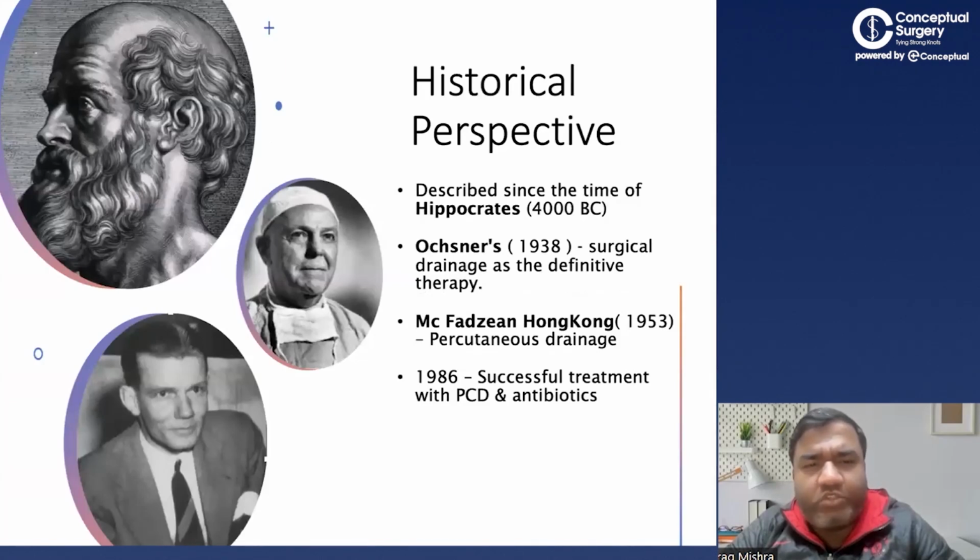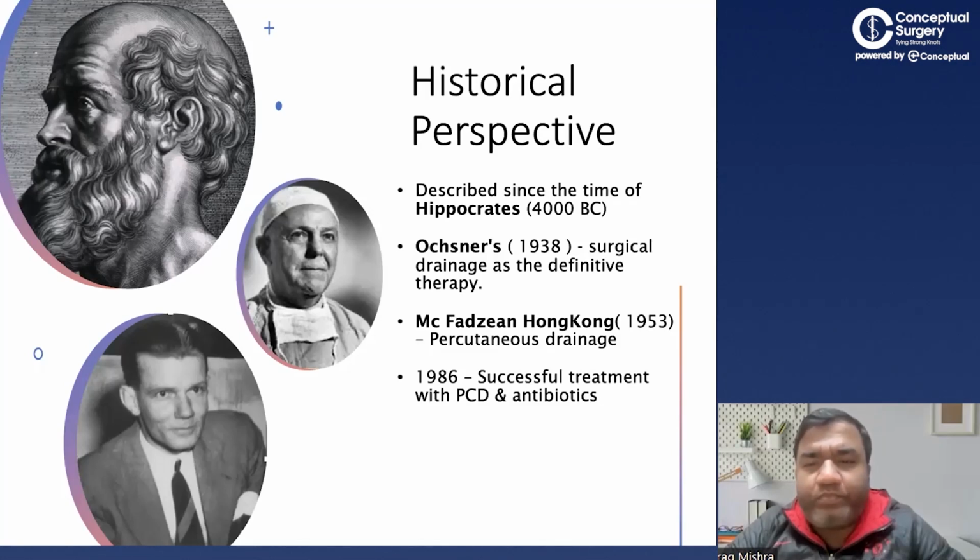It's always good to know the history of any disease. Liver abscess is a very old entity known to the medical and surgical professionals. As early as 4000 BC, there is an account of a disease which sounds similar to liver abscess, which was described by Hippocrates.